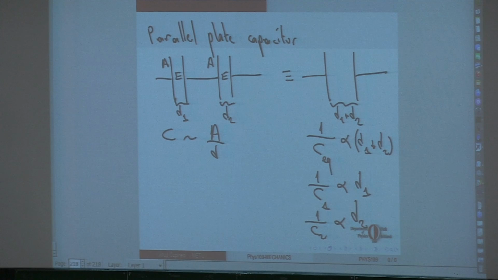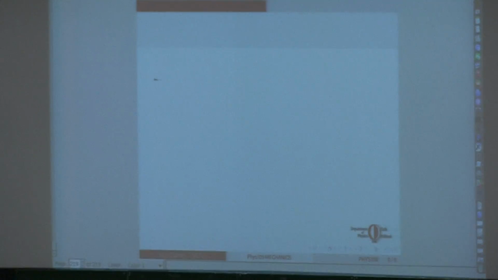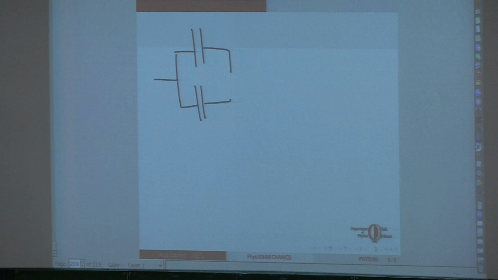Now when you connect them in parallel, you have a similar relation. In this case, since these capacitors have different capacitances, they cannot have the same area and same separation. Now in this one I will assume that they have the same separation.